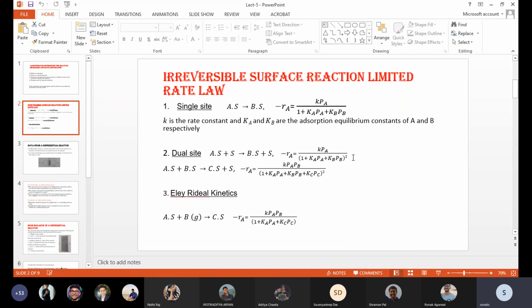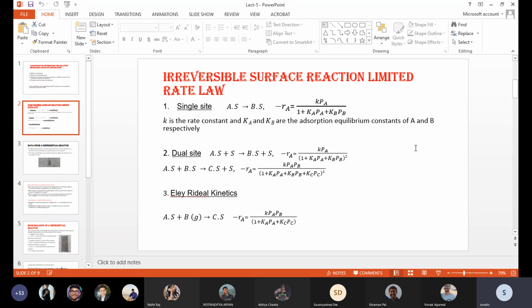So from this type of expression, we can say that this is an irreversible reaction, because there is no minus term in the numerator, only a positive quantity there, divided by the denominator having the adsorption parameters of A, B and C. So all these three are adsorbed, and it is squared, that means this reaction involves two sites.